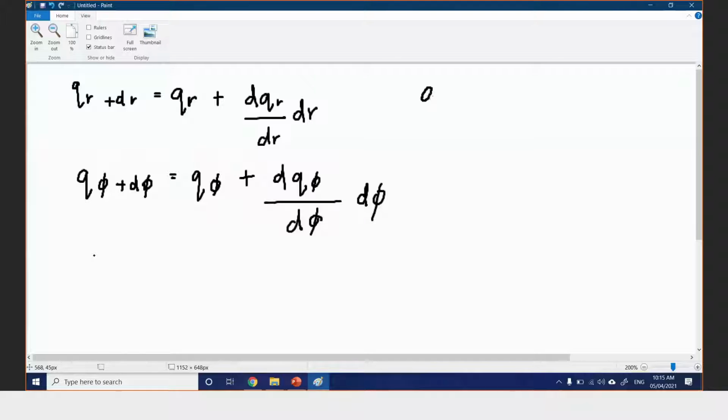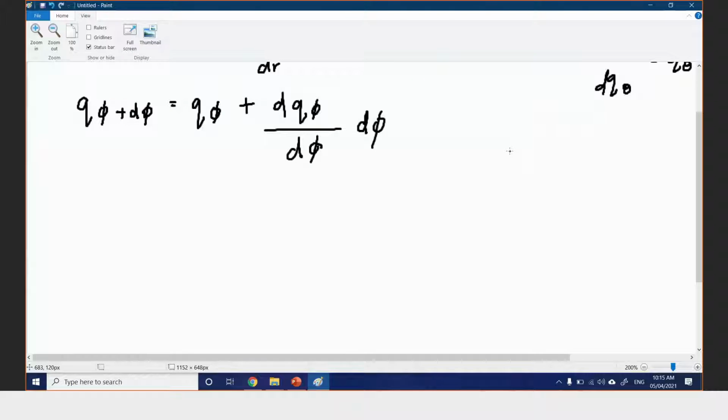And for Q_theta plus d_theta, similarly, equals Q_theta plus dQ_theta divided by d_theta times d_theta.